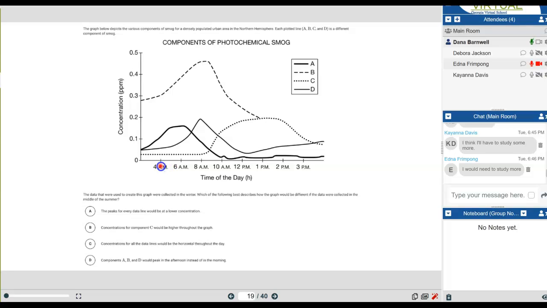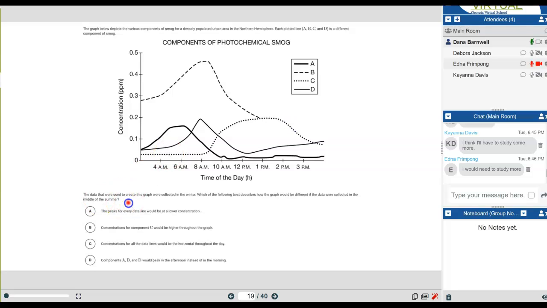As the mid-morning to midday time period comes around, the sun is rising, the temperature is increasing, and you're going to start to see the production of different components that make up the primary and secondary air pollutants.